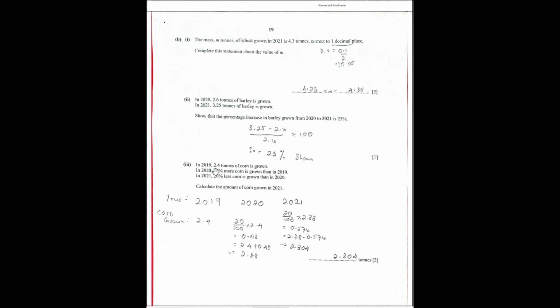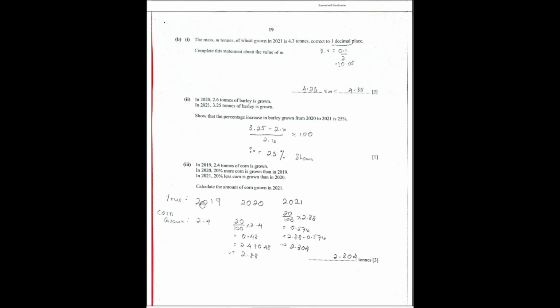Next, in 2019, 2.4 tons of corn is grown. In 2020, 20% more corn is grown than in 2019. In 2021, 20% less corn is grown than in 2020. Calculate the amount of corn grown in 2021. So I have broken them down here.